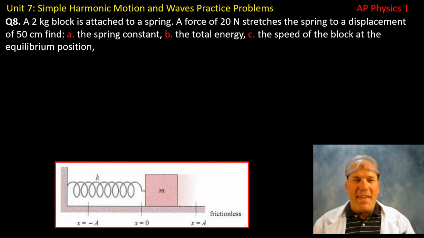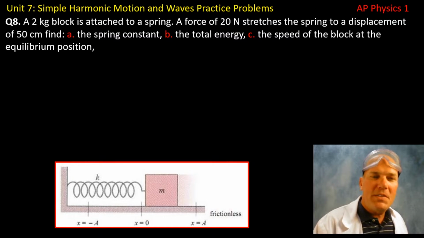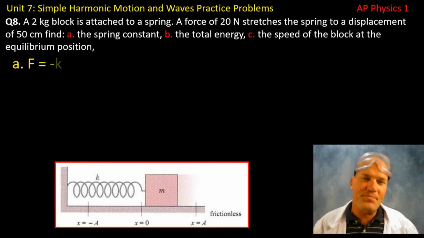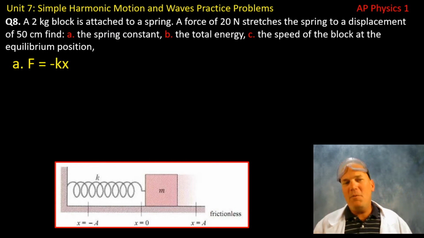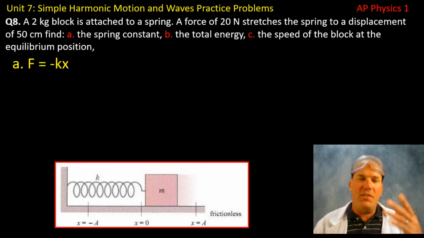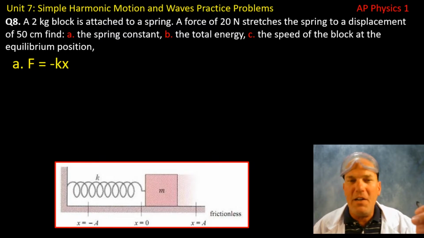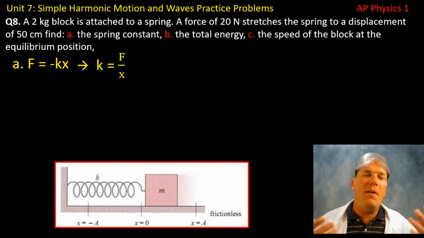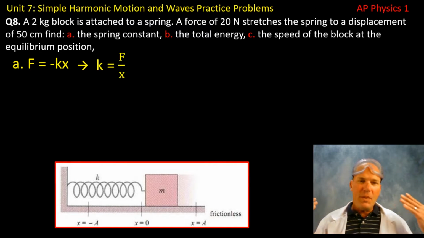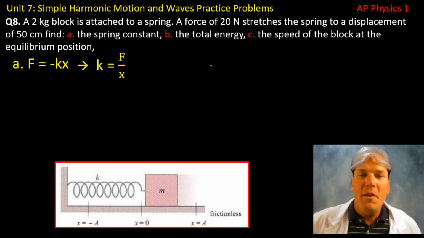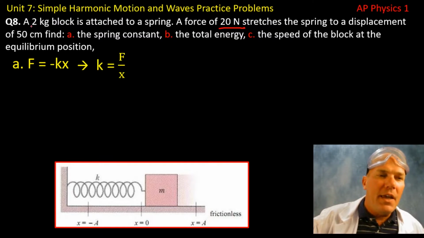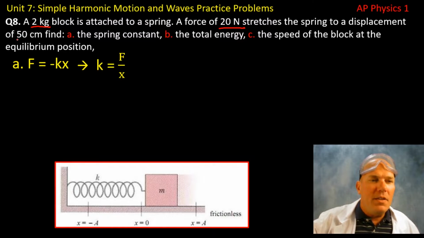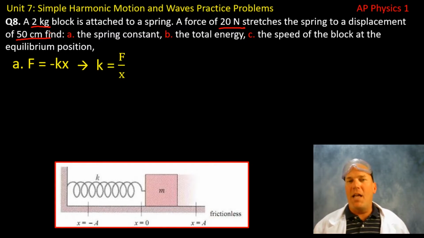So A, what is the spring force constant for this spring block oscillator? Force is equal to negative kx, that's Hooke's law. The negative sign is there because it is a restoring force. Therefore, we can solve for k because you are given both the force and the mass of the block, and you are given the displacement of the block.